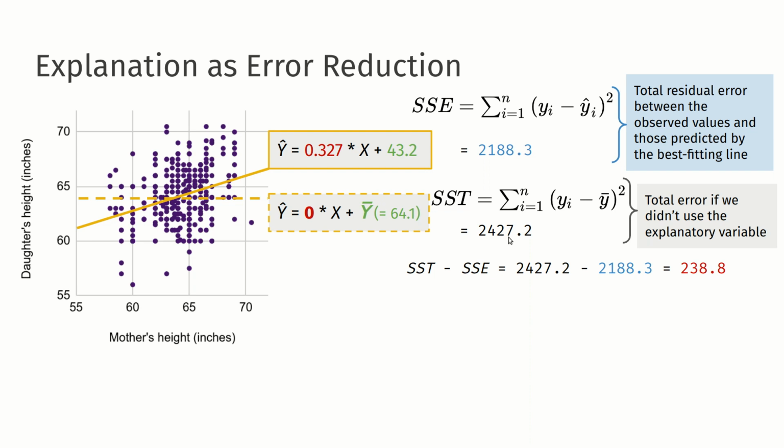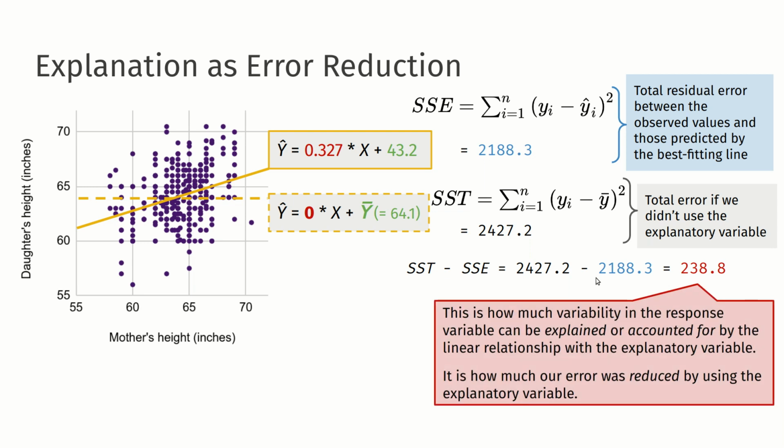And the difference between those two numbers is how much variability in the response variable can be explained or accounted for by the linear relationship between it and the explanatory variable. In other words, it is how much our error in guessing the height of daughters was reduced by gaining knowledge of the explanatory variable, by gaining knowledge of the mother's height.